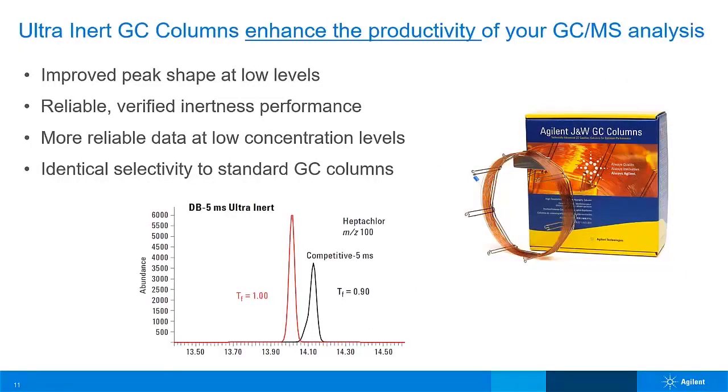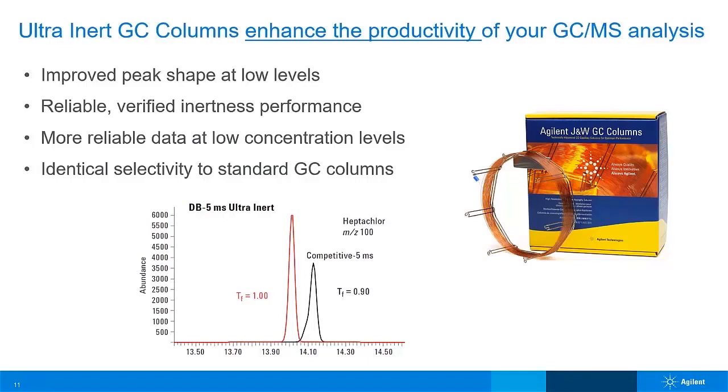So first things first, if you have concerns about how to improve the efficiency in your lab, how to get the best results out of your GCMS, the starting point is the Ultra Inert GC column, and I hope I don't sound like a broken record, but it is certainly the best starting point for any analysis you may have to do.